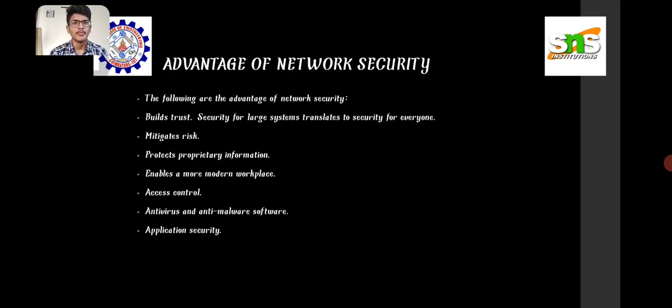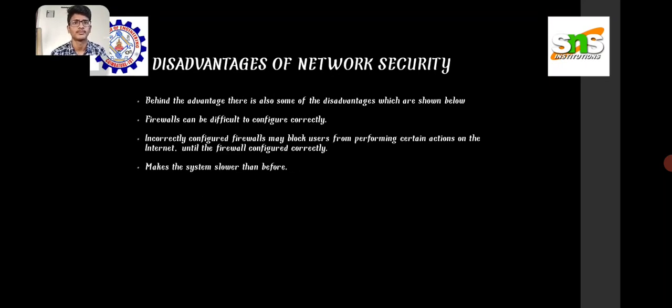Advantages of network security. The following are the advantages of network security: builds trust, security for large systems, translates to security for everyone, mitigates risk, protects proprietary information, enables more modern workplaces, access control, antivirus and anti-malware software, application security. Besides the advantages, there are also some disadvantages, which are shown below.